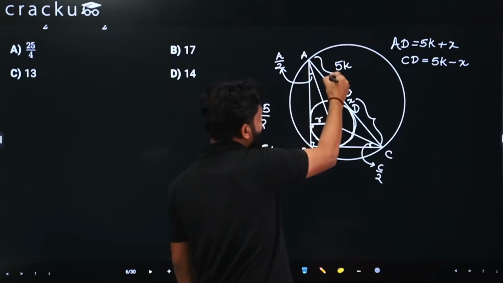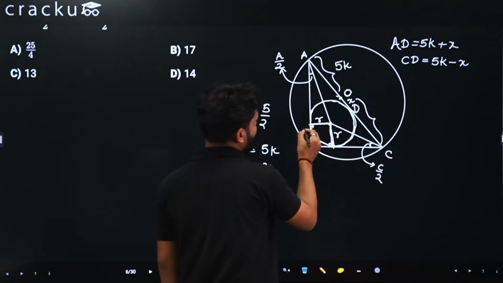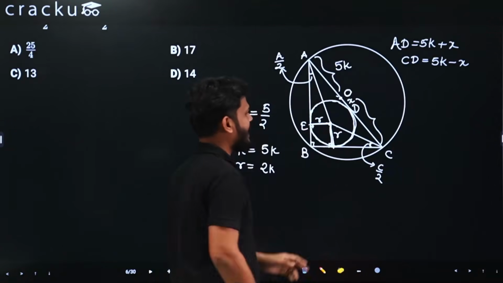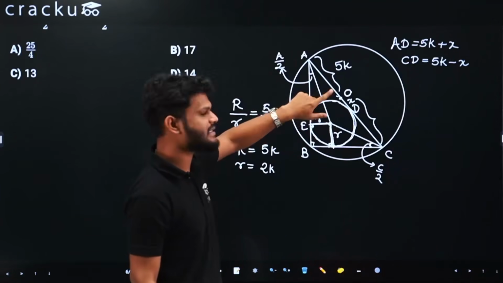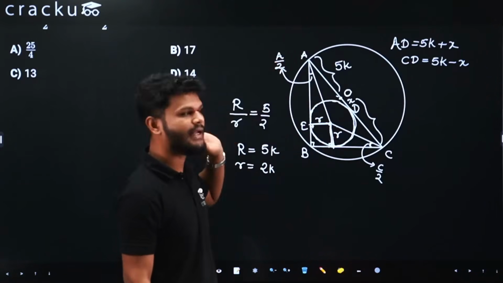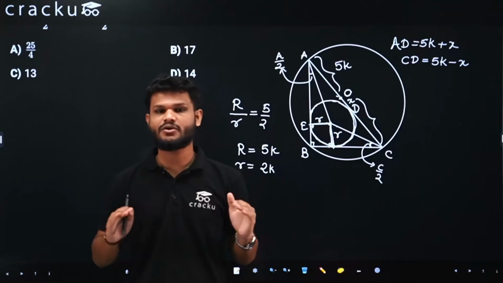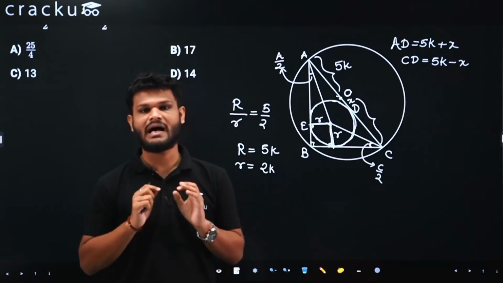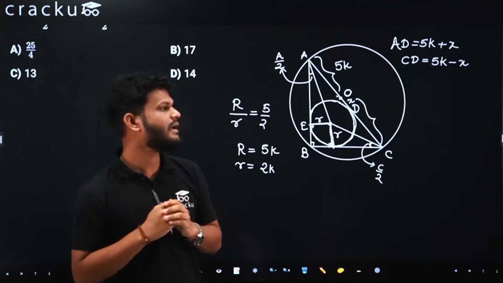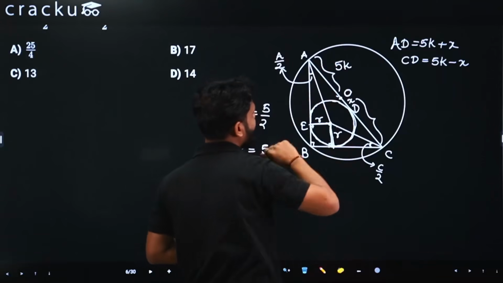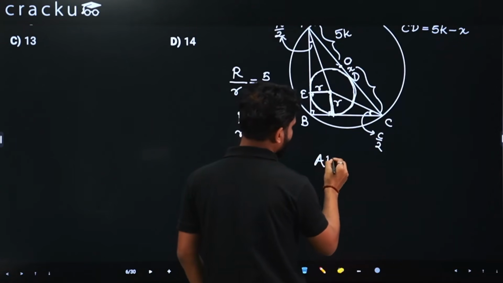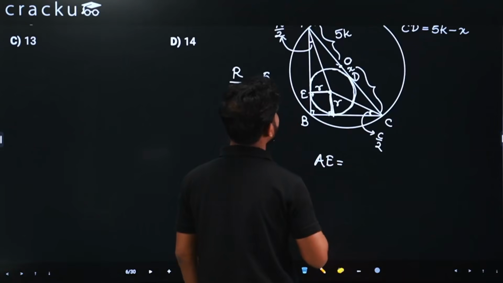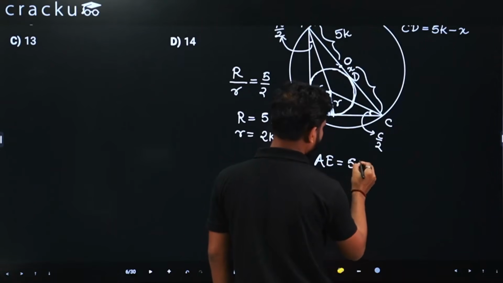We know AD is a tangent, and at this point, let us say E, AD and AE are the tangents drawn to the inner circle from the same point A. And we know the tangents drawn from the same point to the circle are of equal length. So AD will be equal to AE. So AE is equal to 5k plus x.